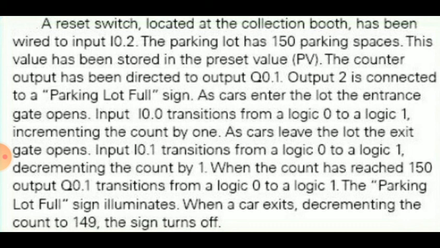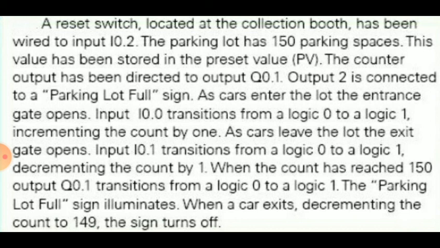As cars leave the lot, the exit gate opens. The exit gate is connected to 10.1, the switch used in rung 2. Input 10.1 transitions from logic 0 to logic 1, meaning it is turned on, and it decrements the count by 1 for the exit gate.